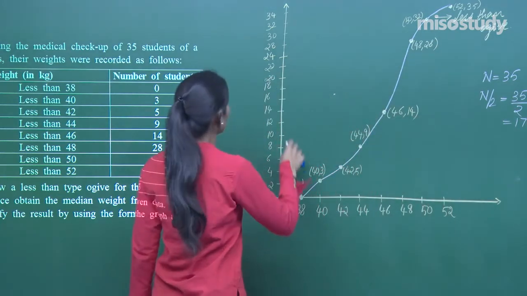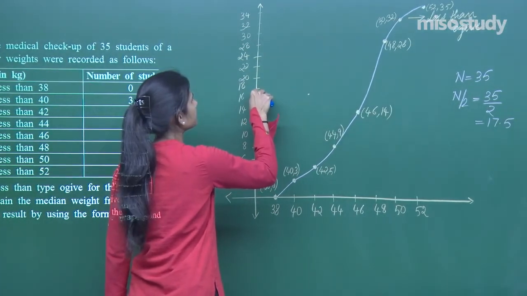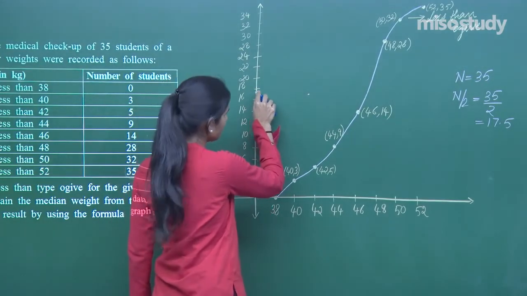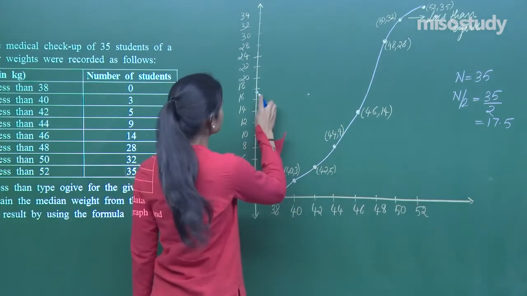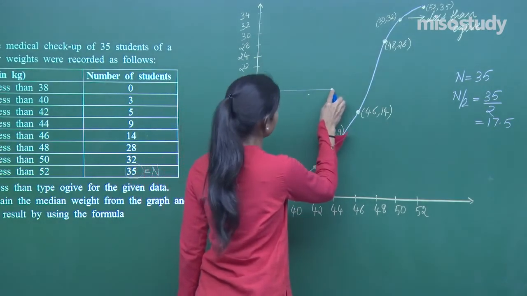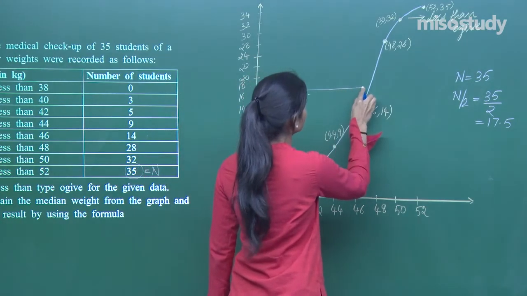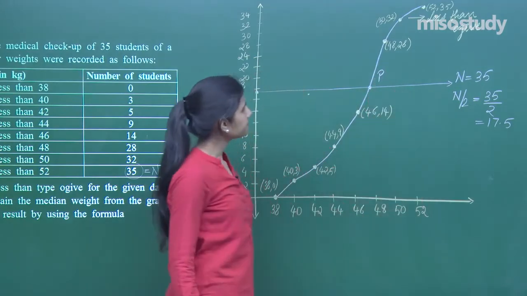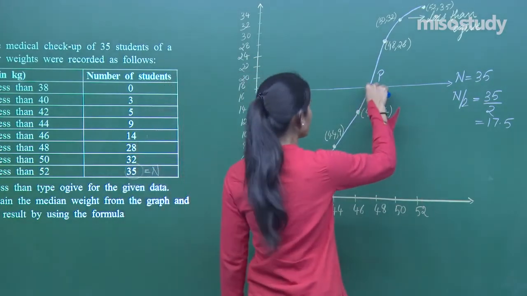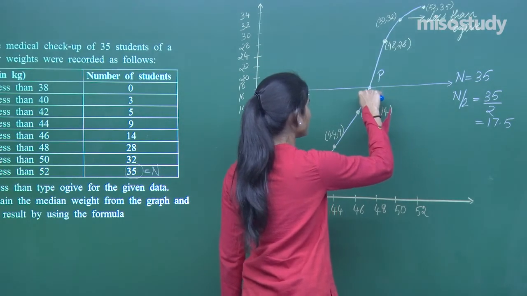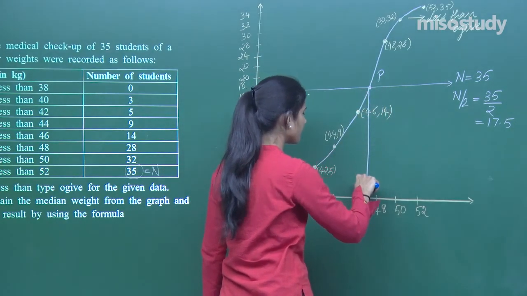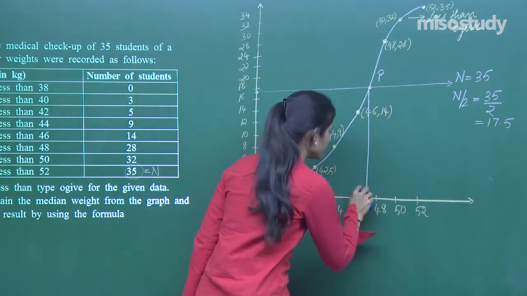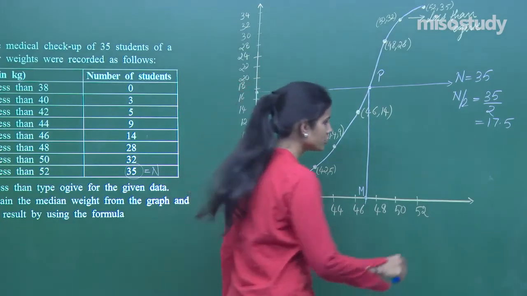Mark this point on the y-axis. Clear? Now draw a line parallel to the x-axis passing through this point, cutting the ogive at P. Cutting the ogive at P, and when you drop a perpendicular down, drop PM perpendicular to the x-axis.